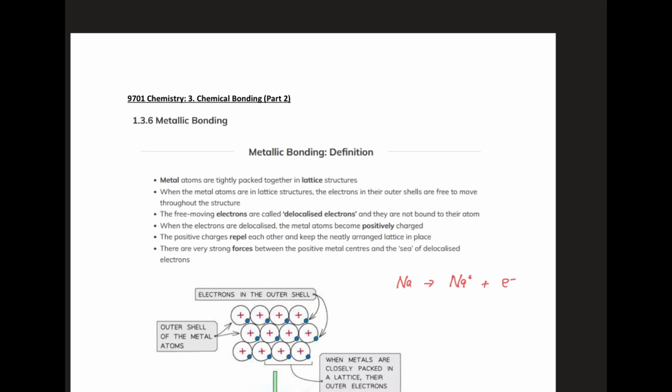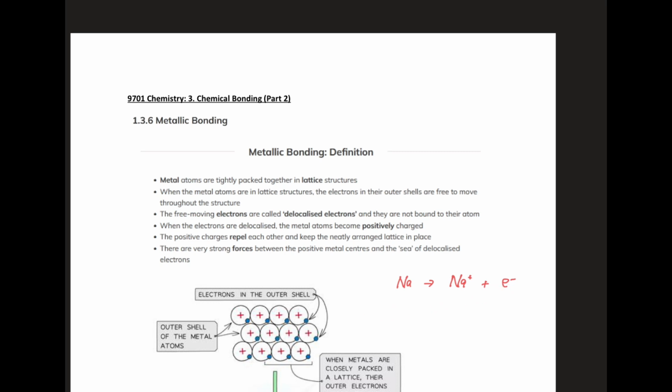Okay, now let's see the second point here. When the metal atoms are in lattice structures, the electrons in their outer shells are free to move throughout the structure. The electrons in the outer shell, meaning the valence electrons, are free to move. For example, sodium has 1 valence electron.